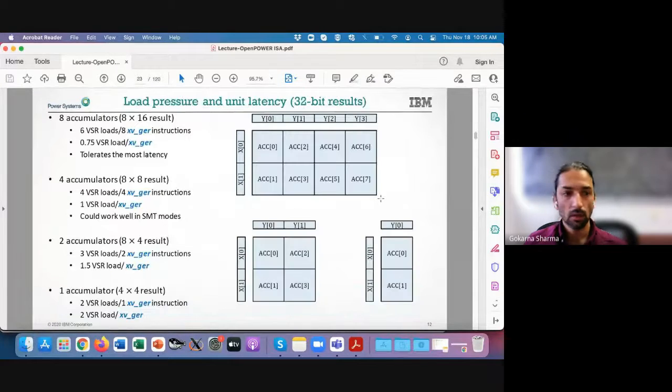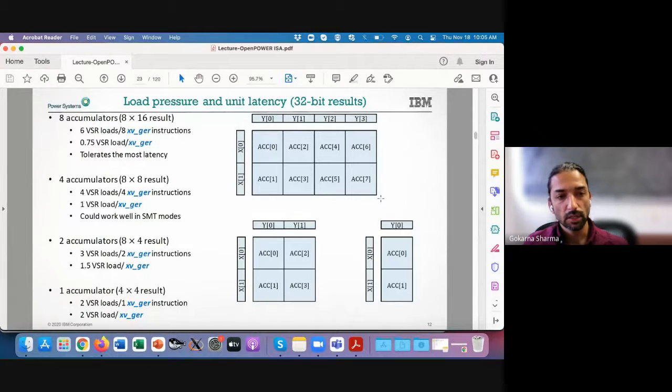Okay, so now we have load pressure and unit latency. So these are the 32-bit results here. As we mentioned before, for the 32-bit results, you can support 8 accumulators. So that is 8 by 16 results. Okay. And then there are some specific details here. If you look into the figure there, accumulator 0, accumulator 1, 2, 3, 4, 5, 6, 7, you can represent like that.